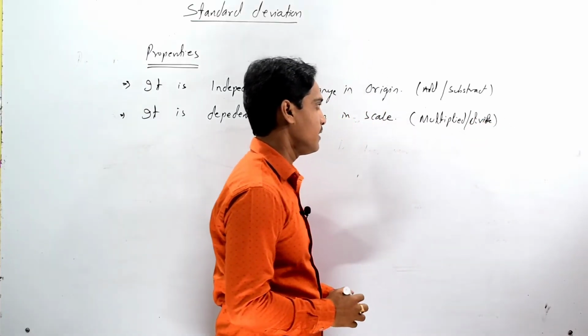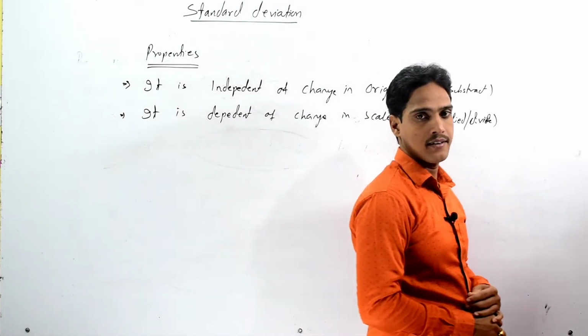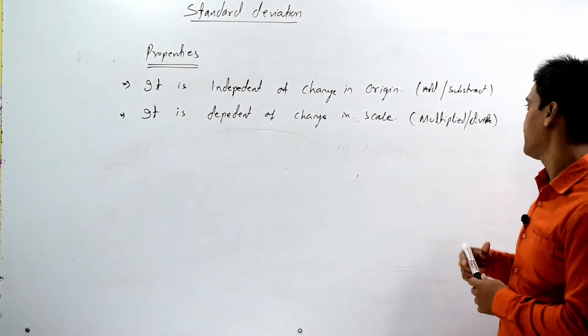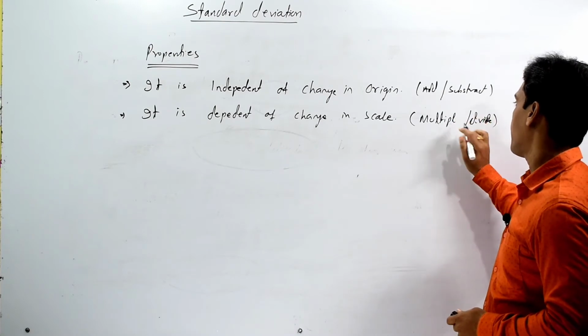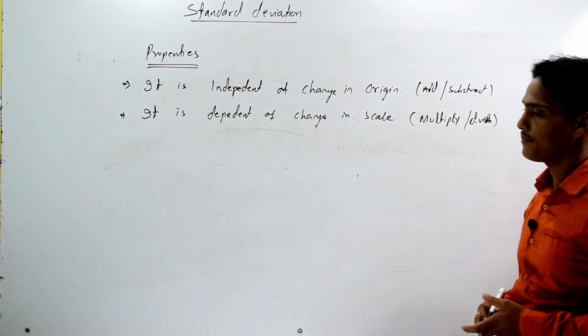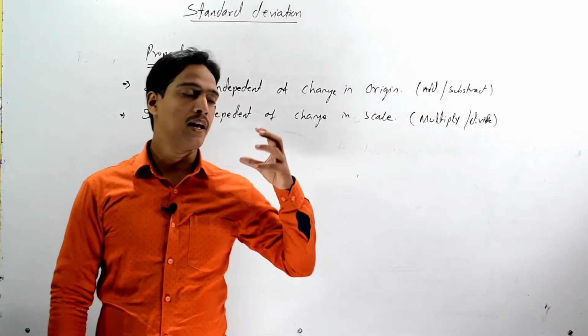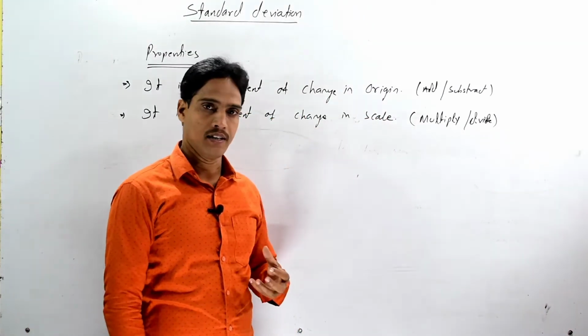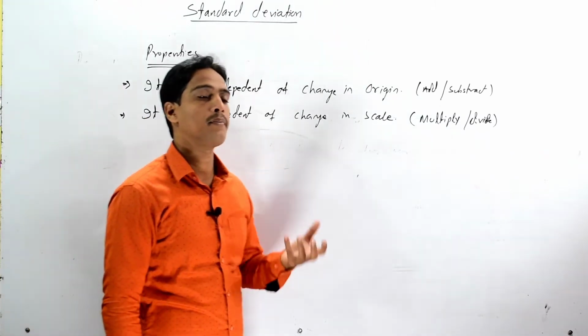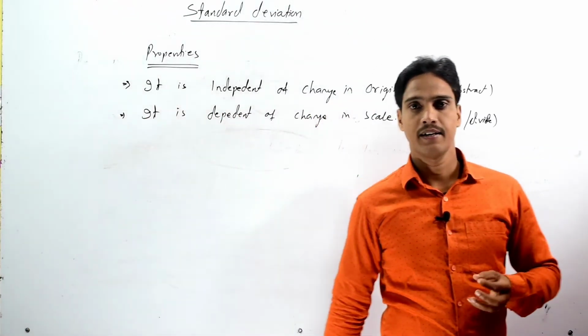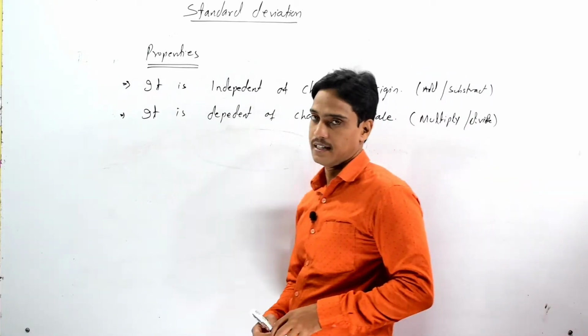That means if we multiply or divide the variables of a series by a particular constant, then the value of standard deviation is also multiplied or divided by the same constant.